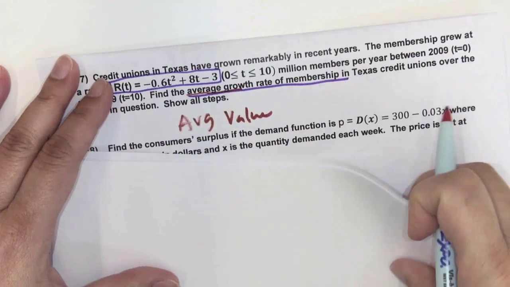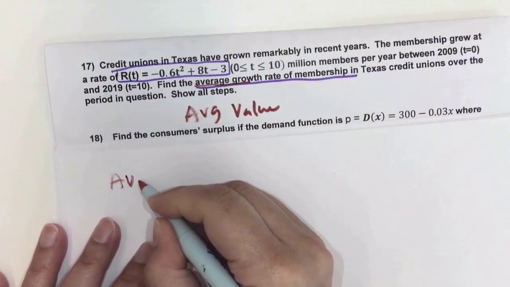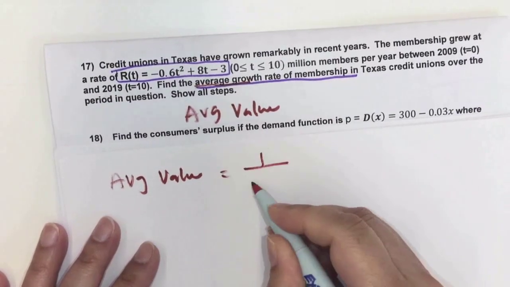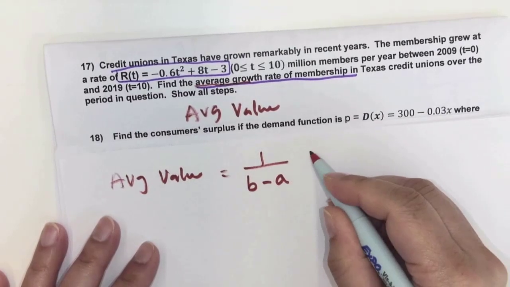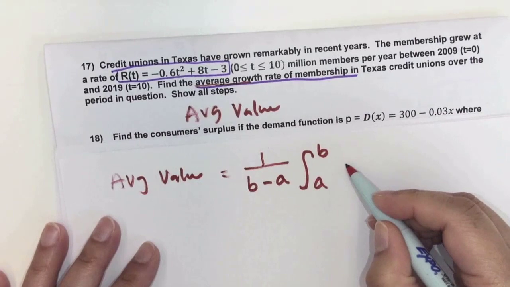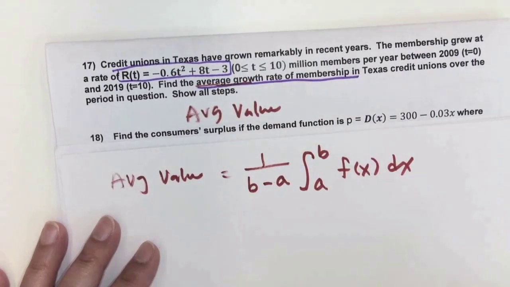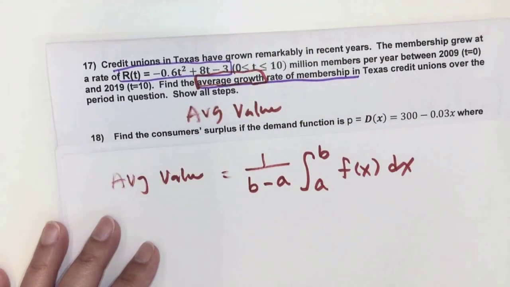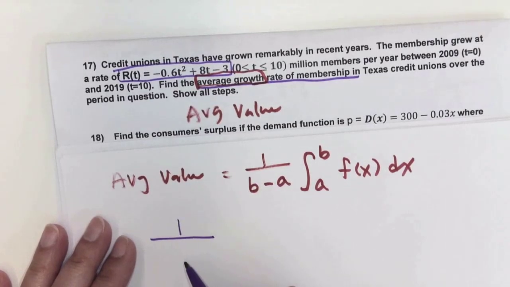The average growth, you need to use the average value formula, which is 1 over the upper limit minus the lower limit, times the integral from the lower limit to the upper limit of the function of x. You just need to recognize that when they talk about the average growth, they want the average value over the years. What is my upper limit and lower limit?